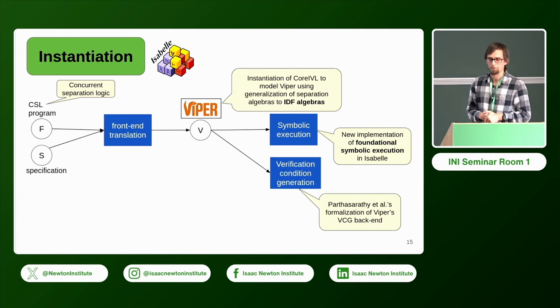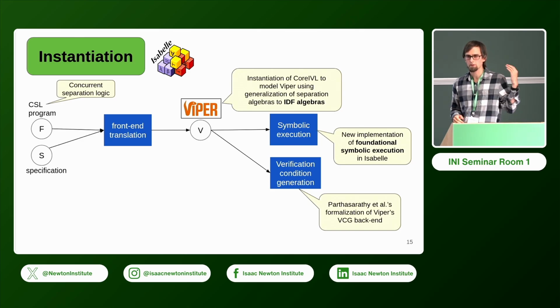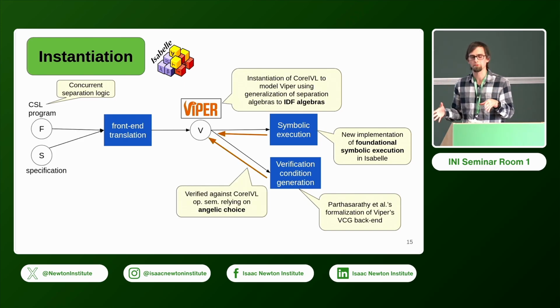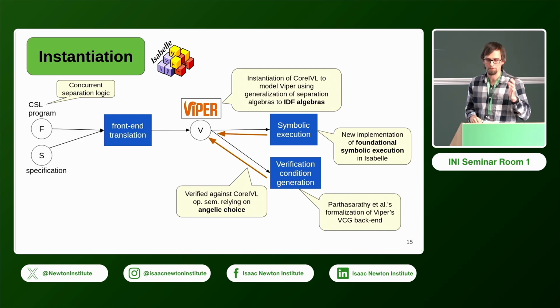And second, we connect this to the formalization of Viper's verification condition generation by Gaurav, as presented this year at PLDI. And we prove the soundness of these two backends against this instantiation of core IVL to Viper, and this crucially relies on the angelic choice, because these two different backends have different heuristics of how they deal with, for example, wildcards.